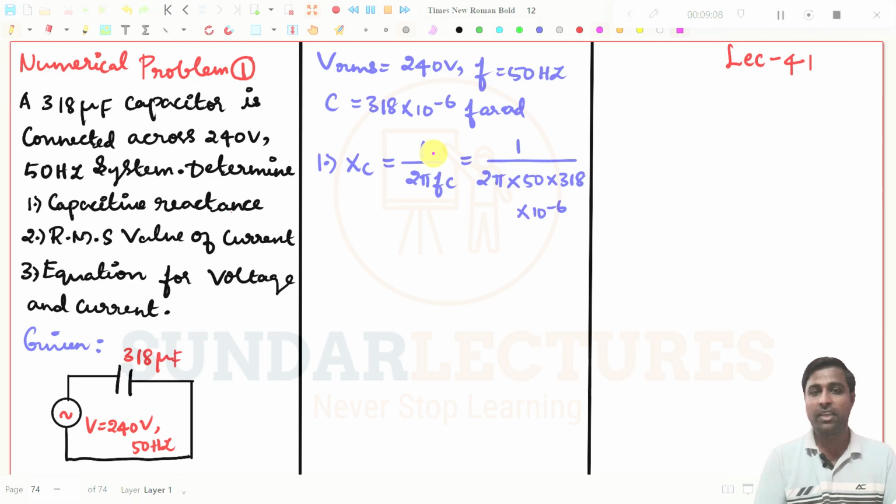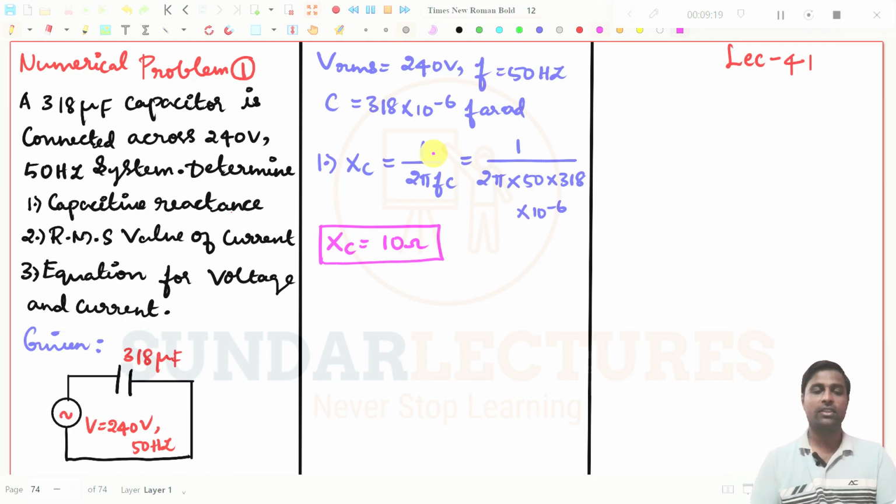If I solve this, the value comes out to be around 10 ohms. So this is the final Xc value that we have found.